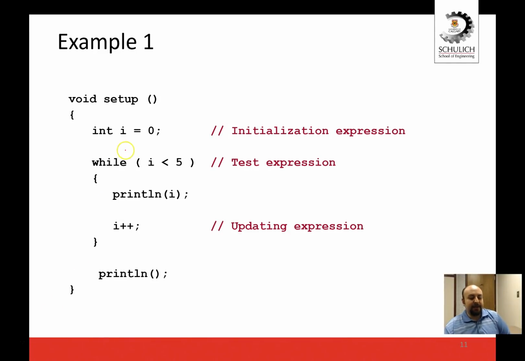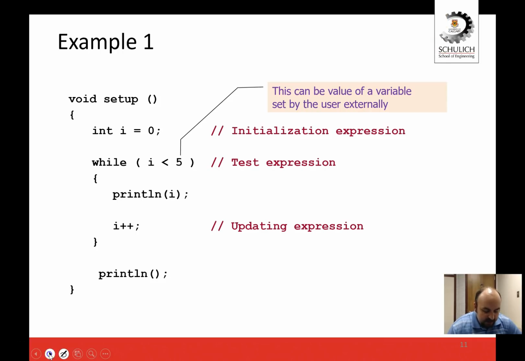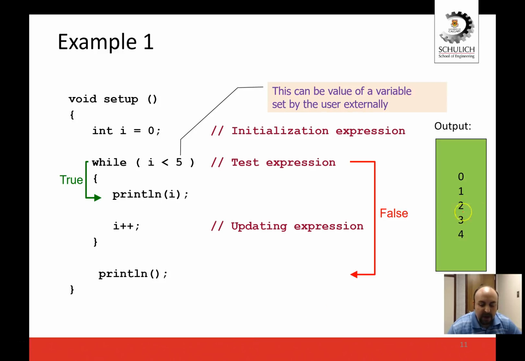So here's that example that we had. In here, example 1 is set up with I equals 0. You can see it's inside of setup, so it is in active mode technically. It is inside a function, and of course the output here is going to be 0, 1, 2, 3, 4.